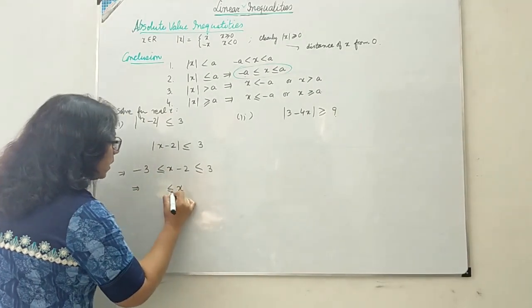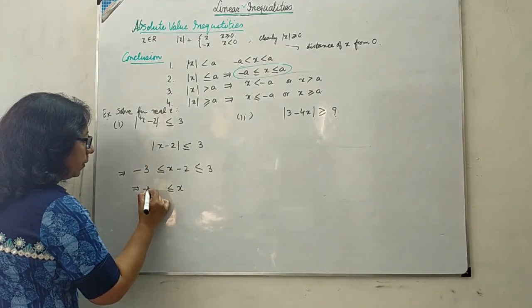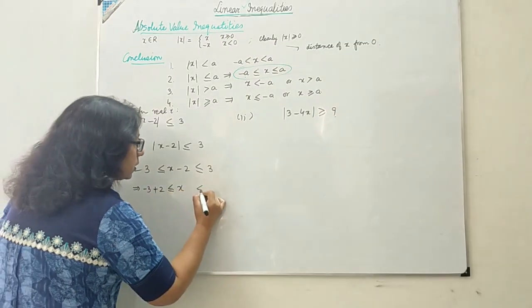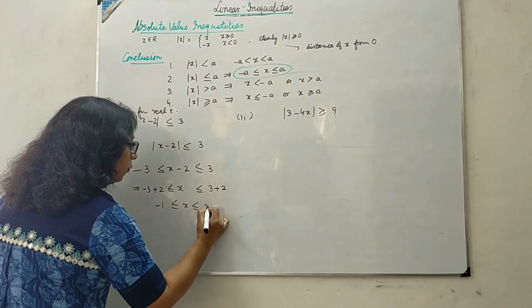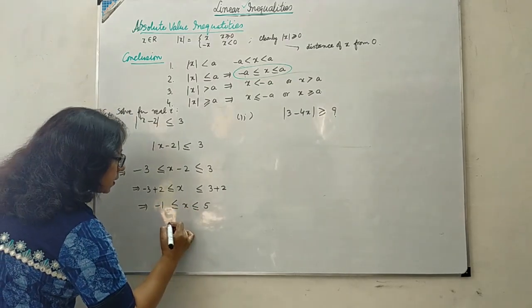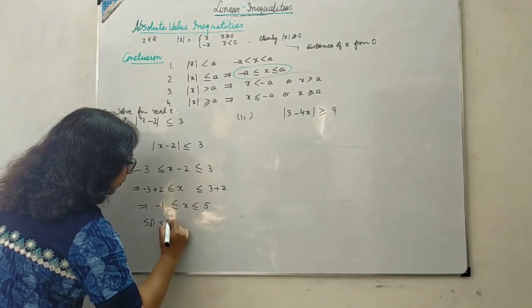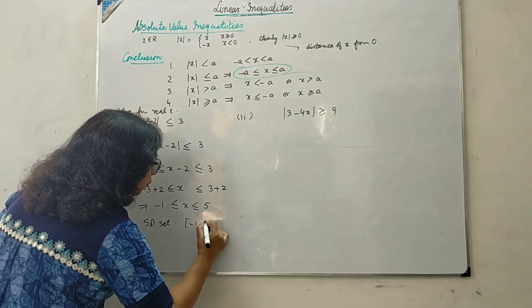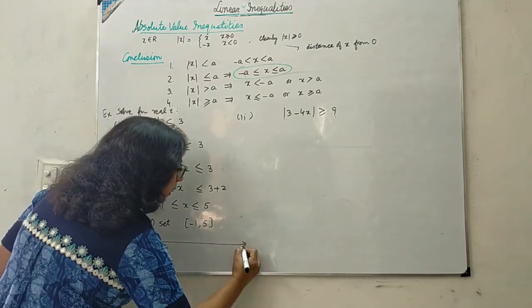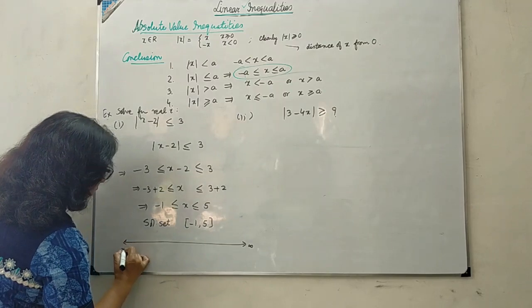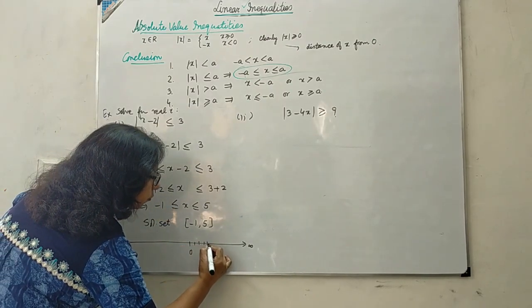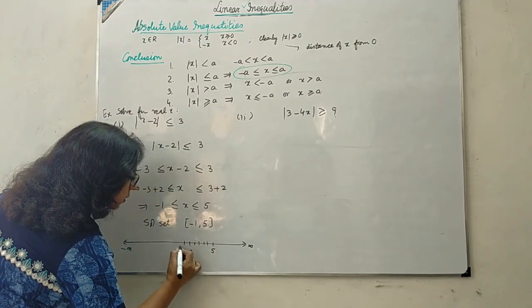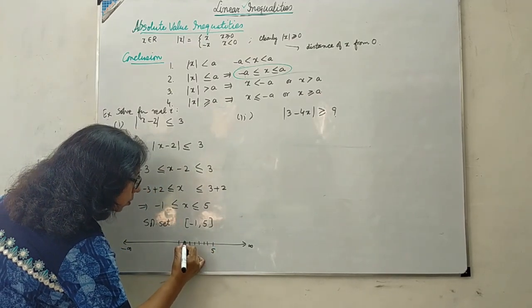Adding 2 to all sides, minus 3 plus 2 and 3 plus 2, this is minus 1 to 5. So the solution set will become minus 1 to 5 closed, and on the number line this is minus infinity, this is 0, this is 1, 2, 3, 4, 5, this is minus 1, minus 2, etc. So this is closed.